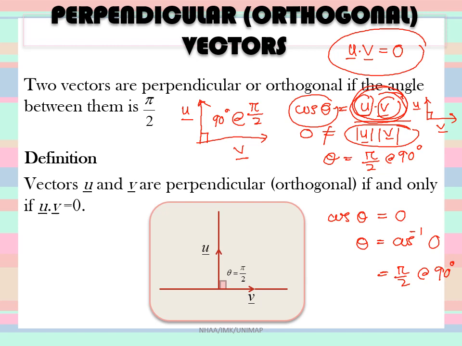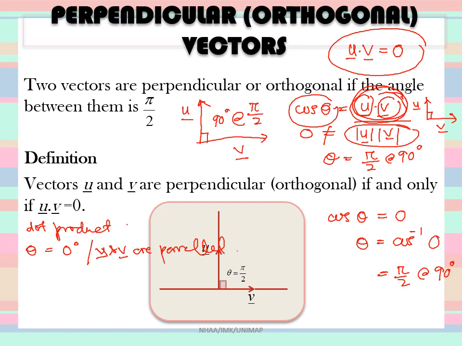So to summarize this, by applying dot product, when your theta is equal to 0 degrees, it means vector u and vector v are parallel.